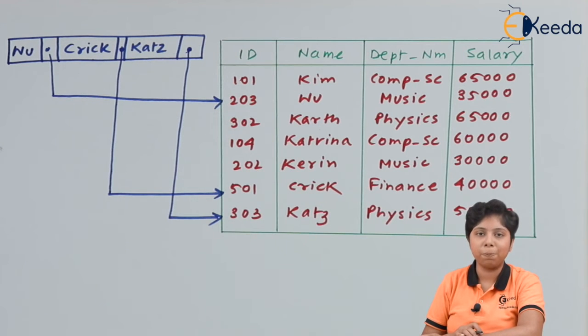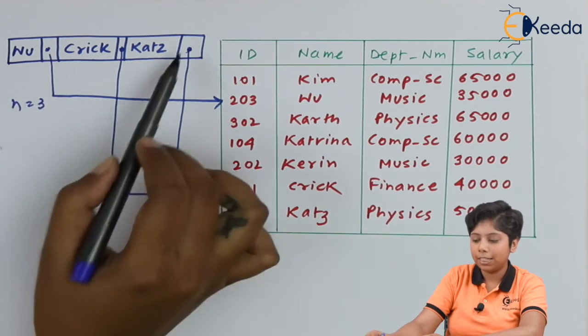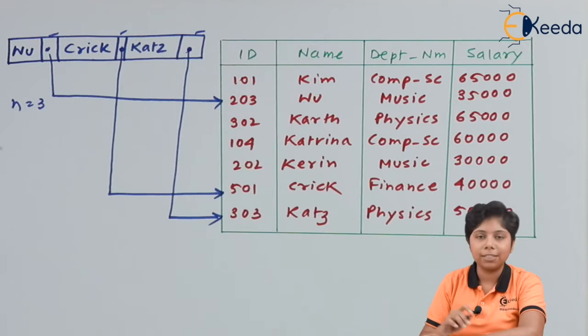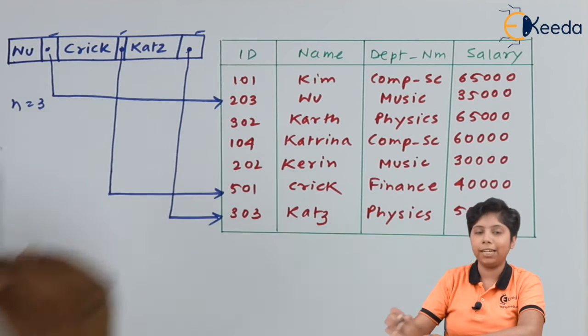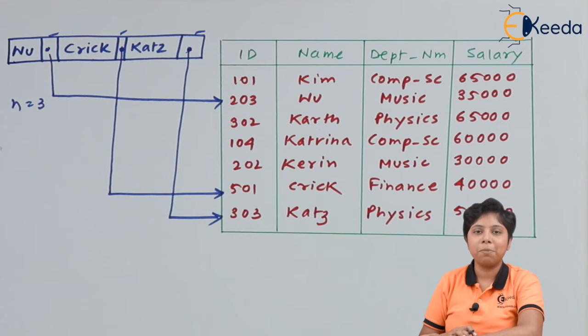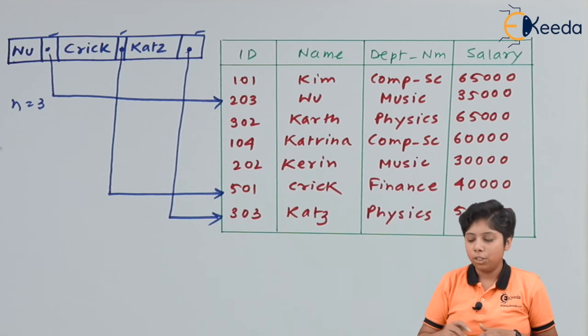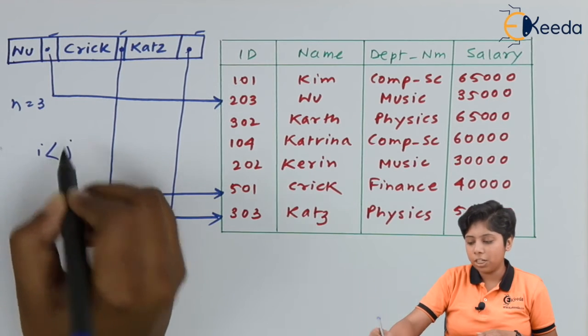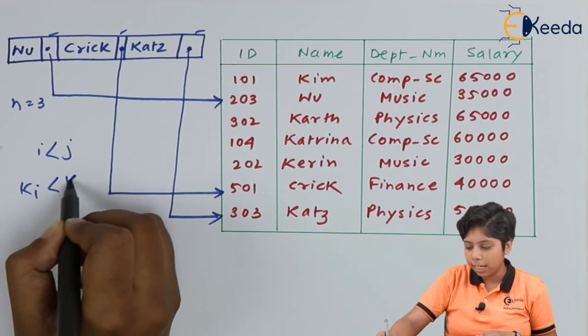an n equals 3 B plus tree indexing, because if n equals 3 then the node can have 3 pointers at max. Now the values W, C and K cannot belong with each other, because we know that there will be ordering to those values. So if i is less than j, then we must say that Ki is less than Kj.